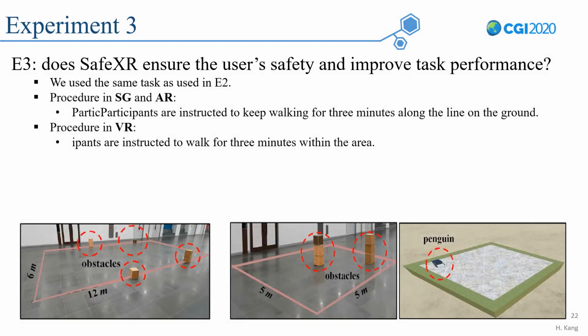In SG and AR environments, the participants are instructed to keep walking for 3 minutes along the edge of the rectangular area. In VR, participants are instructed to walk for 3 minutes within the area. In Experiment 3, participants performed 6 trials in total.